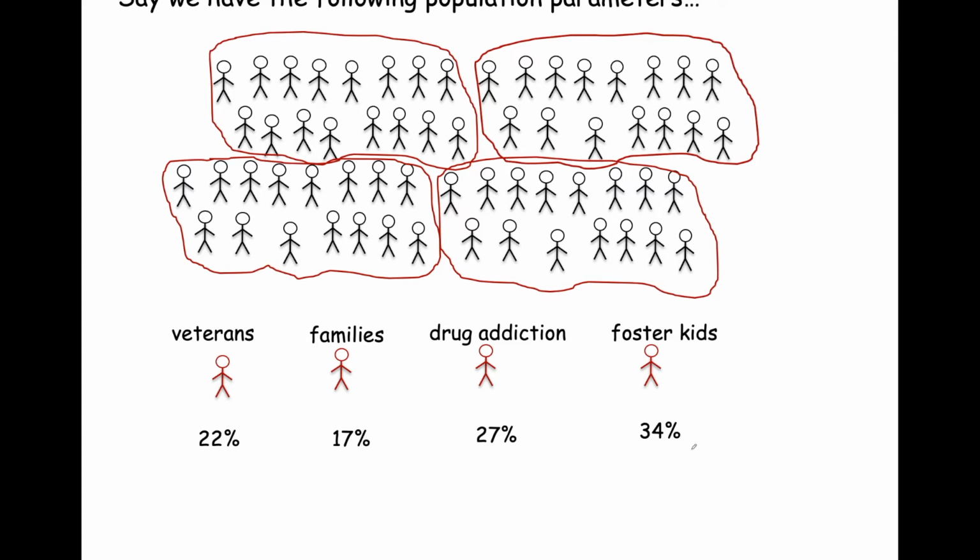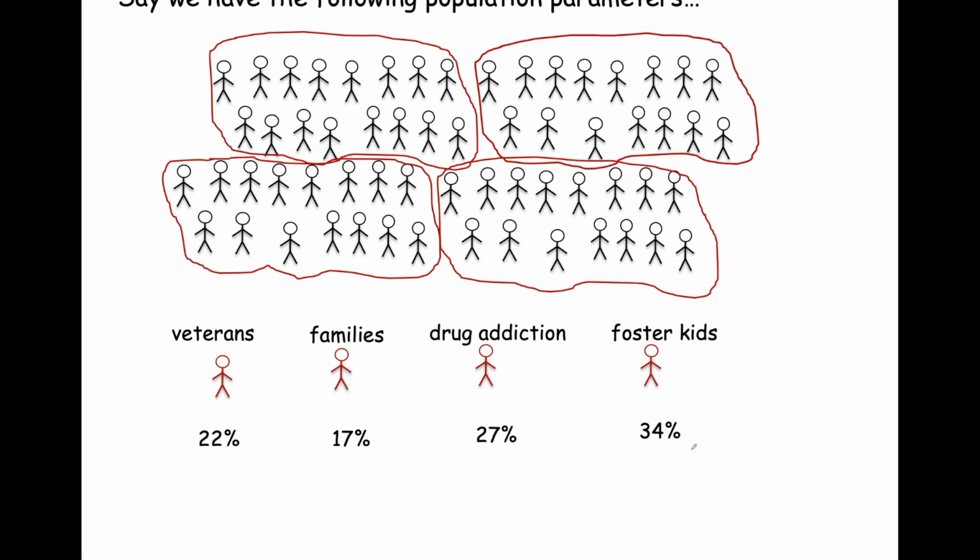And hopefully that all adds up to 100. Let's see, that's 34 and 27 is 61, plus 17 is 78, plus 22 is 100. Okay, so we're good. Whew.